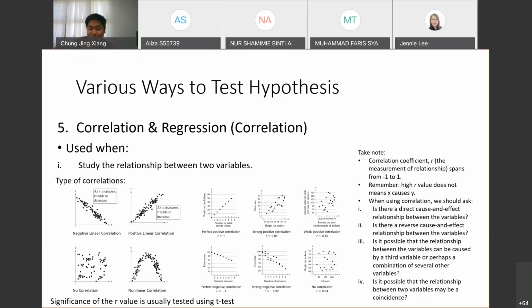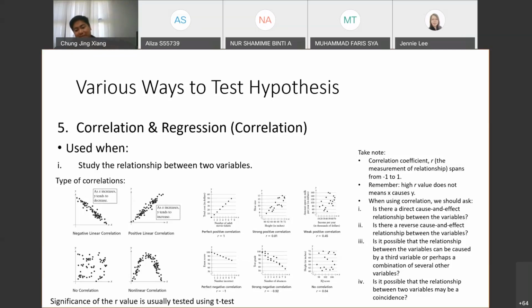So we will say, oh, the number of plates of rice Dr. Chung eats is related to student A's. But in actual fact, there is no relationship. It just so happens to be like that. So you can see correlation tests can be easily manipulated.